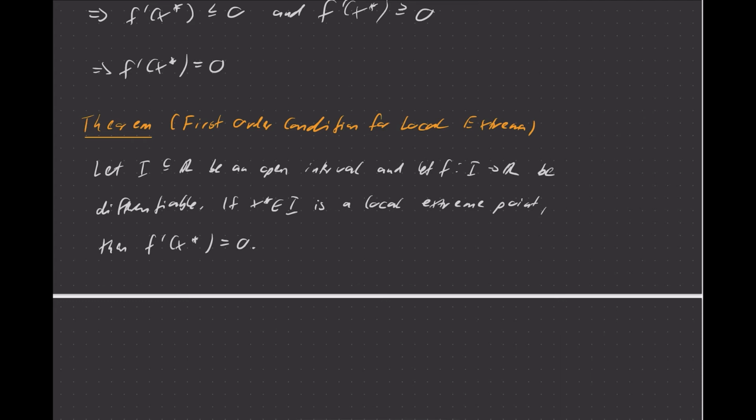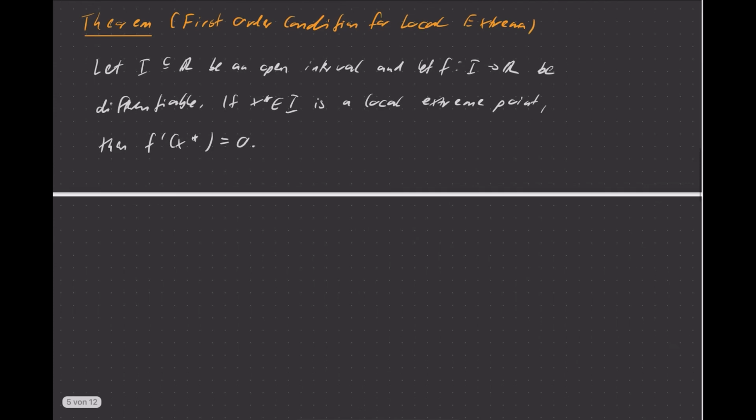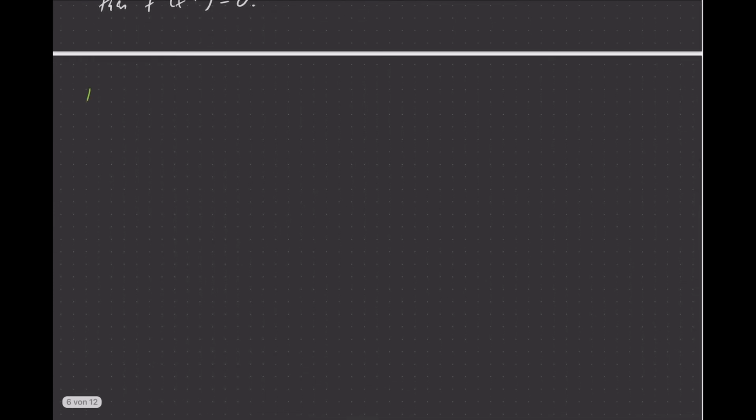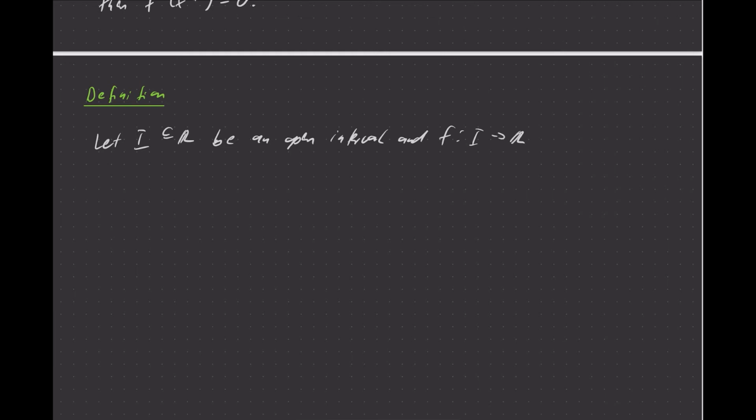And to make things a little easier, those points where f prime of x star is 0 will get a name because we'll often refer to those. Those points will be called stationary points. So let's quickly define that. Let I be a subset of R, an open interval, and f a function on I that is differentiable.